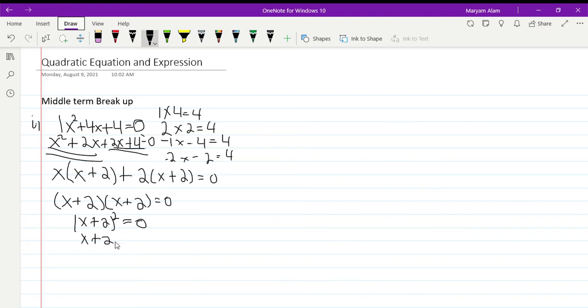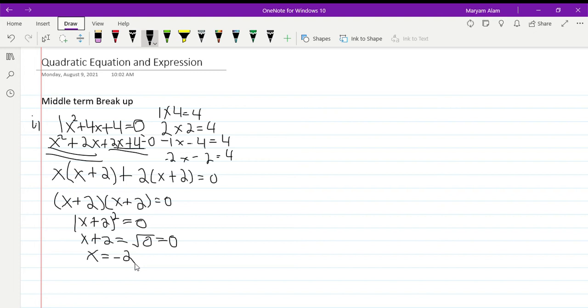X plus 2 is equal to under root 0. Under root 0 is equal to 0. X plus 2 equals 0. So x is equal to minus 2. We have got the value of x, which is minus 2.